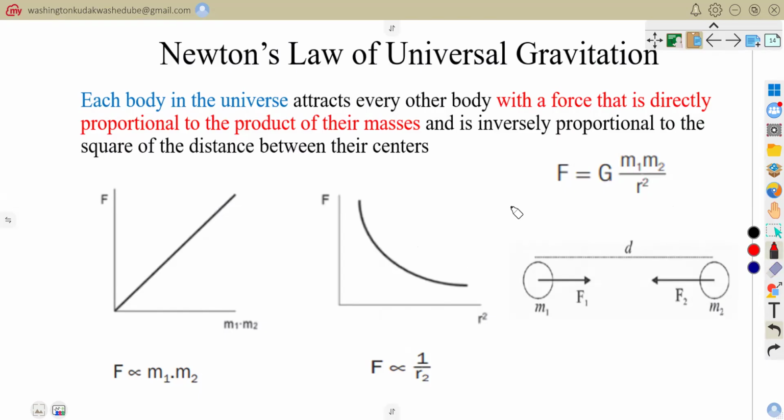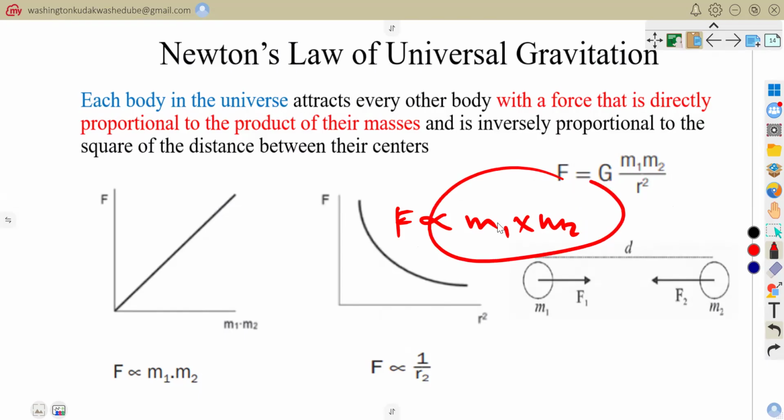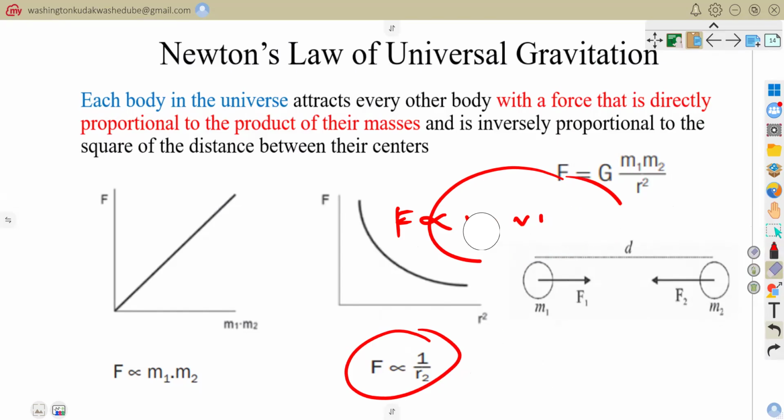This is what it means. F is directly proportional to M1 times M2, the product of the two masses, but it is inversely proportional, as given here, to the distance between these two masses.